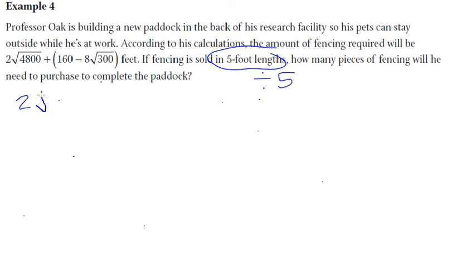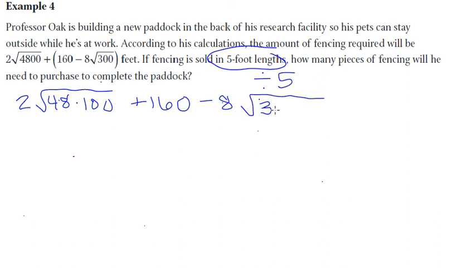So this is going to be 2 times the square root of 48 times 100. So this is plus, so I would be distributing a positive 1, so it's not going to matter. So this just becomes plus 160, and this becomes minus 8, and then here we're going to have the square root of 3 times 100.